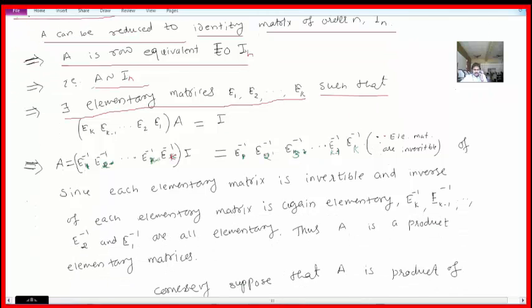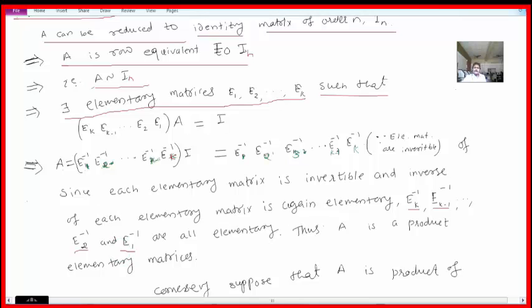And the inverse of an elementary matrix is again elementary, so E1 inverse, E2 inverse, up to Ek inverse are all elementary matrices.